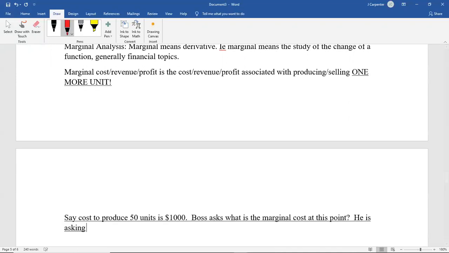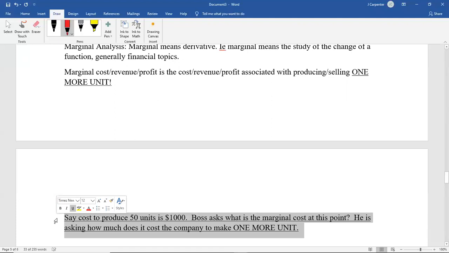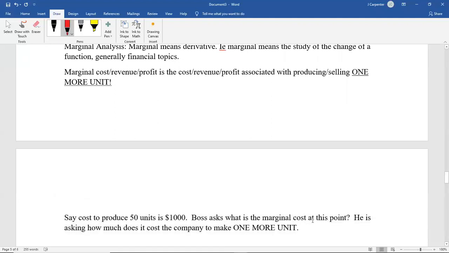He is asking how much does it cost the company to make one more unit? So how much does it cost to make the 51st unit? That's what's being asked here.